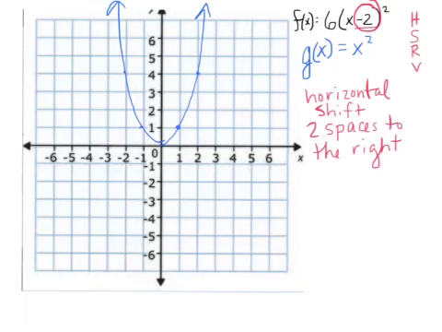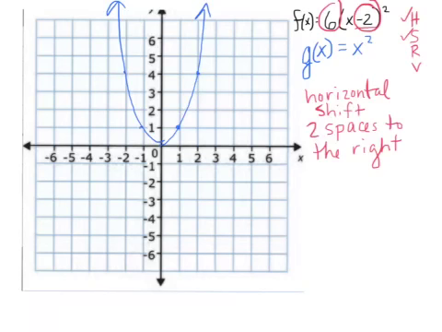And then the S stands for stretching or shrinking. When you multiply, like we did, we're going to do some of that. So we'll do that. We don't have any reflections. We don't have any negatives in there. And we don't have any vertical, which is what the V stands for, vertical shifts, because nothing is added or subtracted from the entire function. So we've got one of these and we've got one of these.